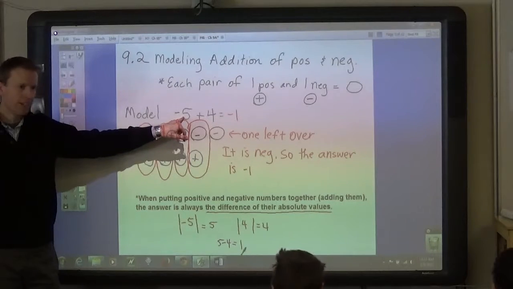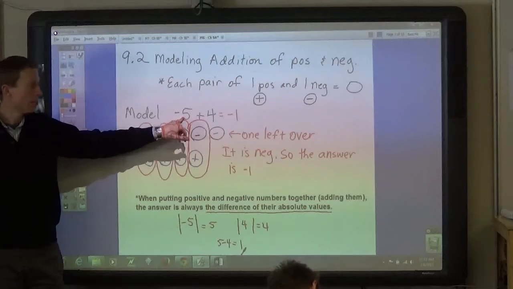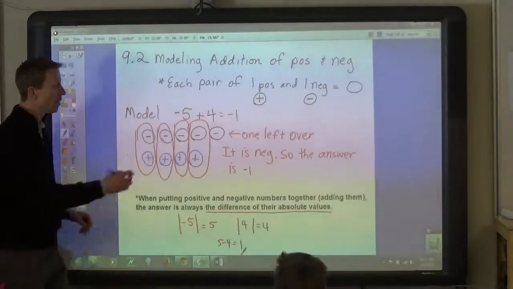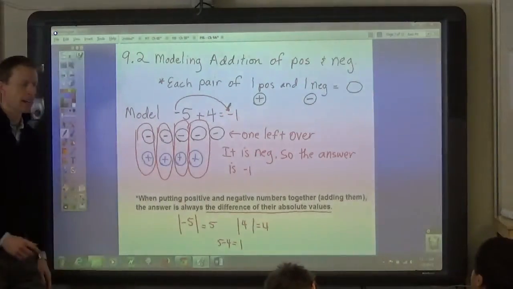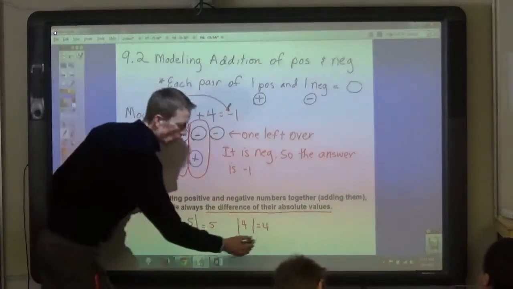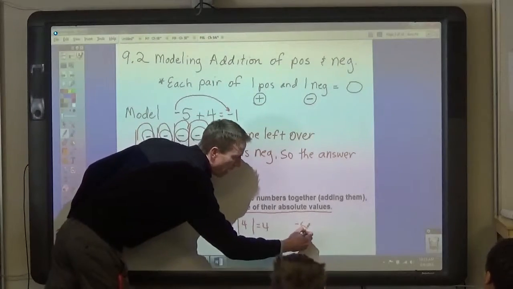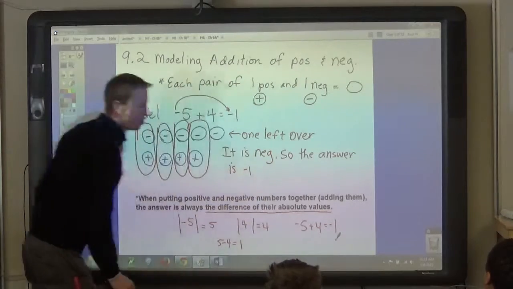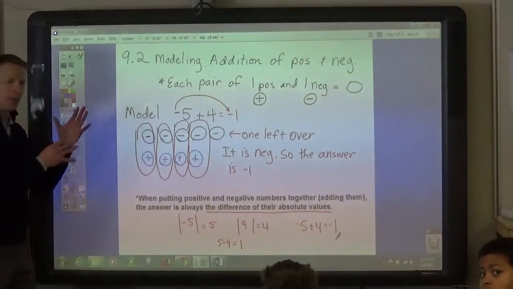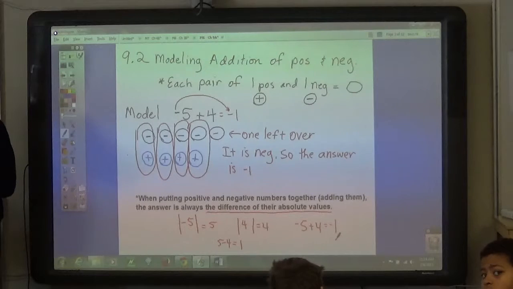Since negative 5 has a bigger absolute value than 4, we have to use this sign in our answer. That makes this negative. So that means that negative 5 plus 4 is negative 1. So there's 3 different ways to look at these problems.